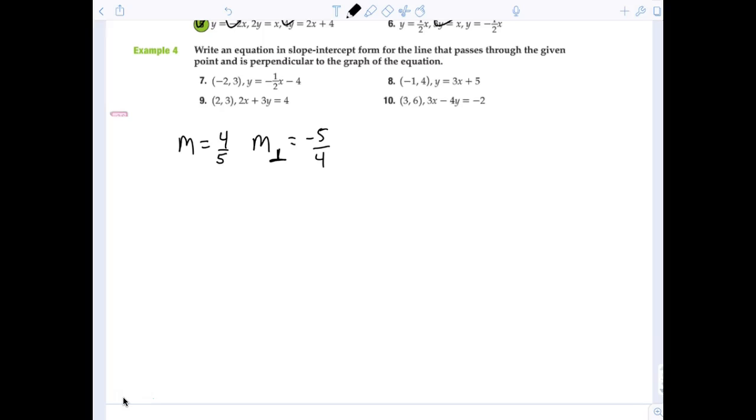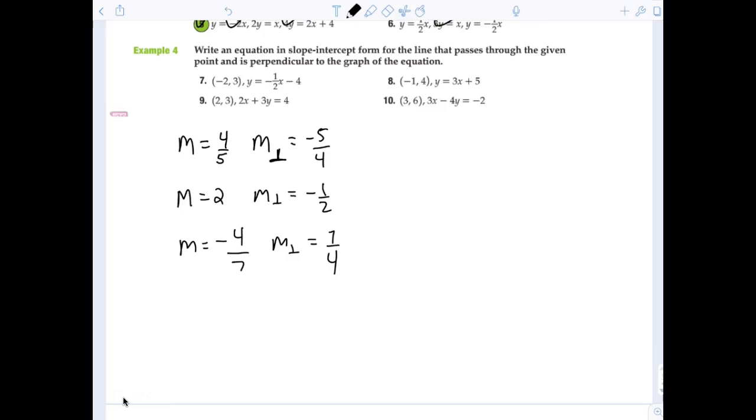I'm going to give you another example. Let's say the slope of the line was 2. The slope of the perpendicular would be what? Very good. -1/2. If I said the slope of the line was -4/7, the slope of the perpendicular would be 7/4.